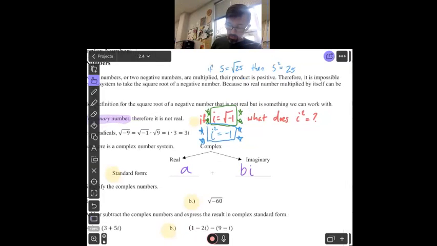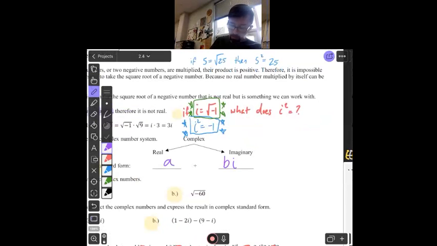And so what that would mean is that 7 plus 3i is a complex number. Or -5 plus 2i is a complex number. Or 3 minus i is a complex number. Yeah. So those are all complex numbers.